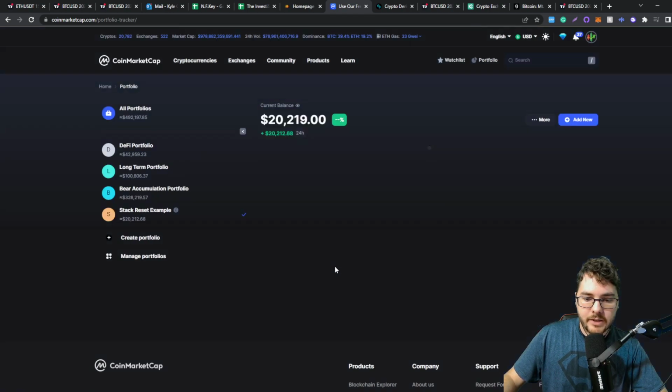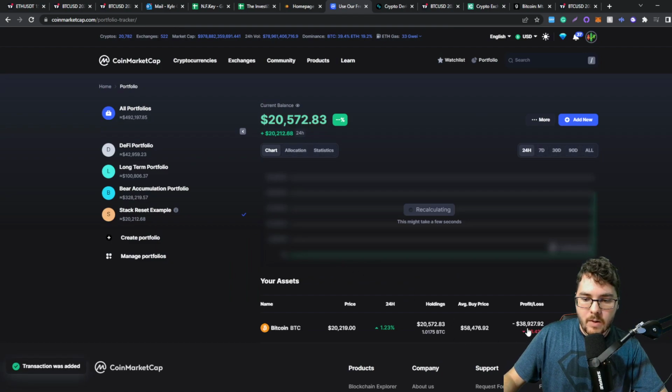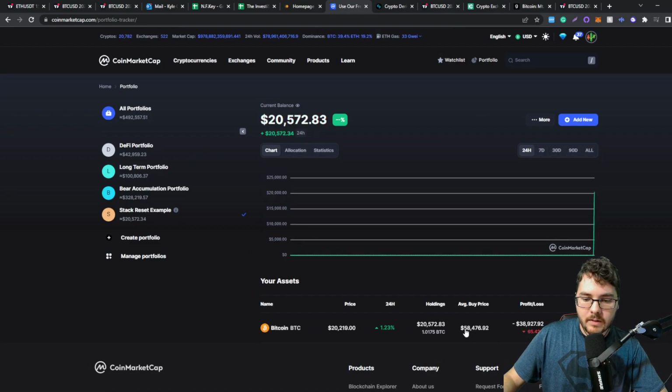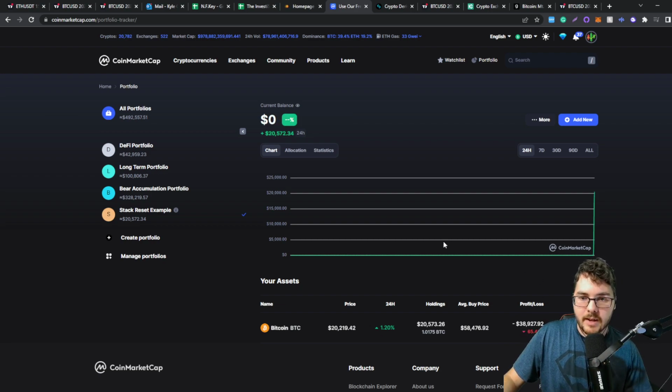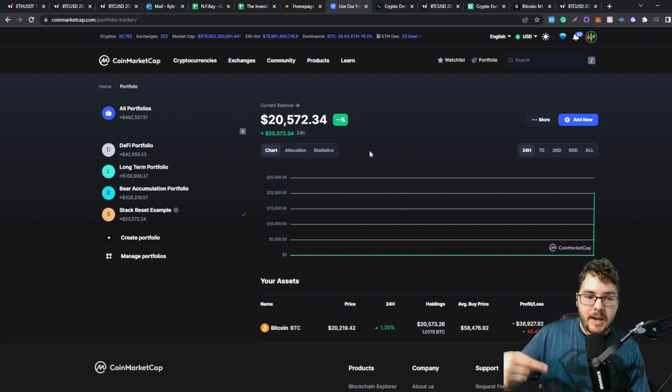Add transaction, and you can see that now our average has gone down to 58,476, and your losses have gone down because of it as well. We're down to like 38,900. And our goal is to basically track and find these ranges to accumulate as much Bitcoin as we possibly can, so we're back at that break-even valuation.